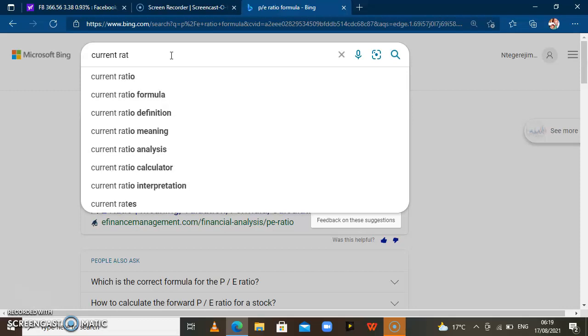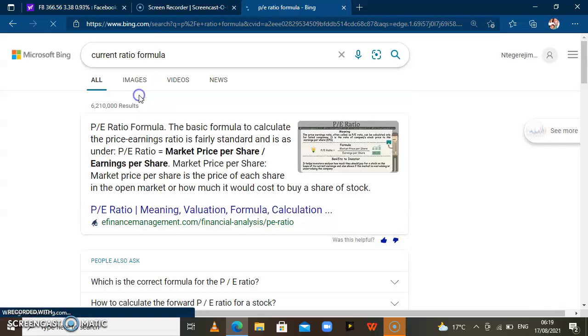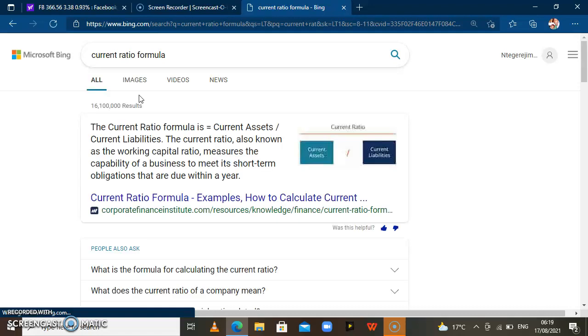Current ratio formula. The current ratio shows how much of the company is able to pay its current liabilities in the short term, right? So it's the ratio of the current assets over the current liabilities.